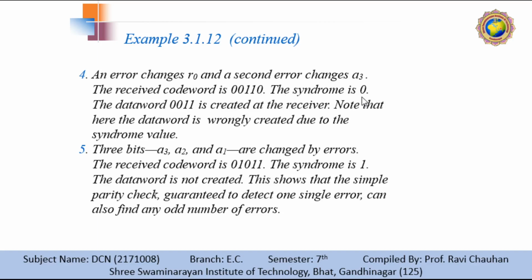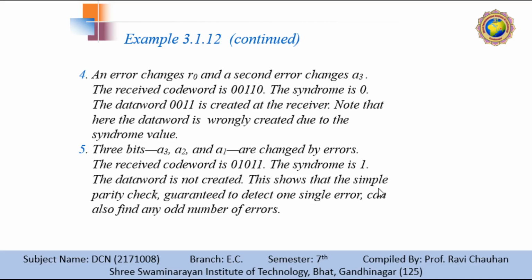The syndrome is 0, so the data word 0011 is created. It discards the last bit at the receiver. Note that a data word is wrongly created due to the syndrome value. In the fifth case, the 3 bits A3, A2 and A1 are changed by errors. The received code word is 01011, the syndrome is 1, and the data word is not created due to discarding.